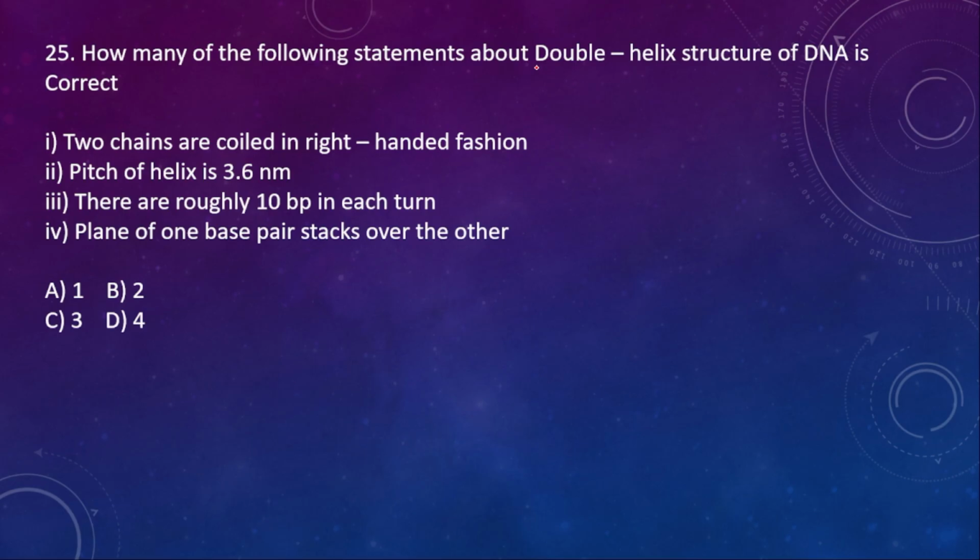The first one is, the 2 chains are coiled in right-handed fashion. Yes, of course, this is right. The 2 polynucleotide chains are coiled in right-handed fashion, that is, in clockwise direction. Like this they are going to coil.